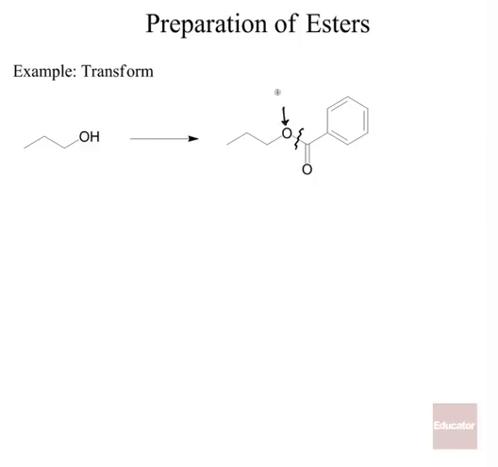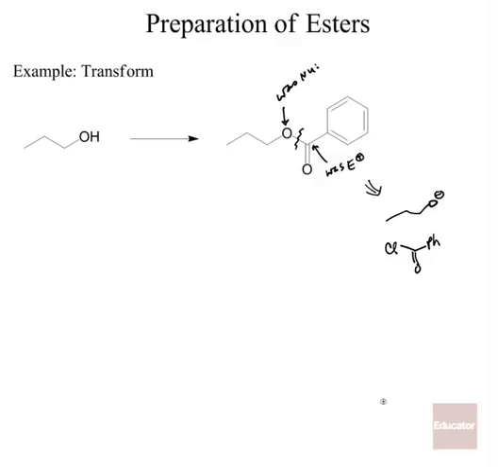The oxygen was my nucleophile, and the carbonyl was my electrophile. If I had this O-, that would be a good nucleophile, and this carbonyl would be a good electrophile. But the question is, what is attached to this carbonyl so that after the oxygen adds into it, I don't lose the carbonyl? What I need is a leaving group.